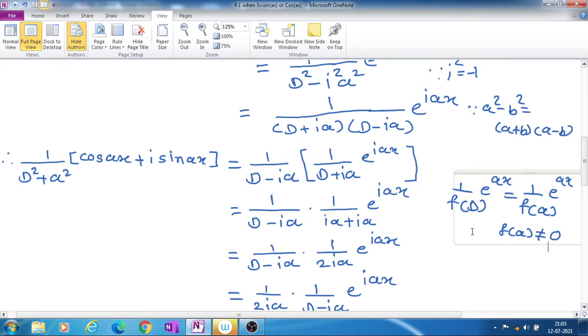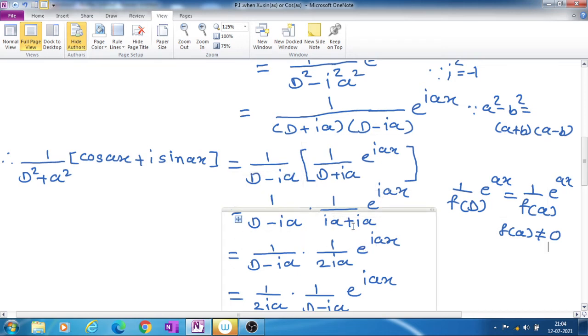See this formula, when there is a, we substitute this d by a, so we substitute d by ia, and this is not equal to 0. When we substitute d by ia, this becomes ia plus ia.